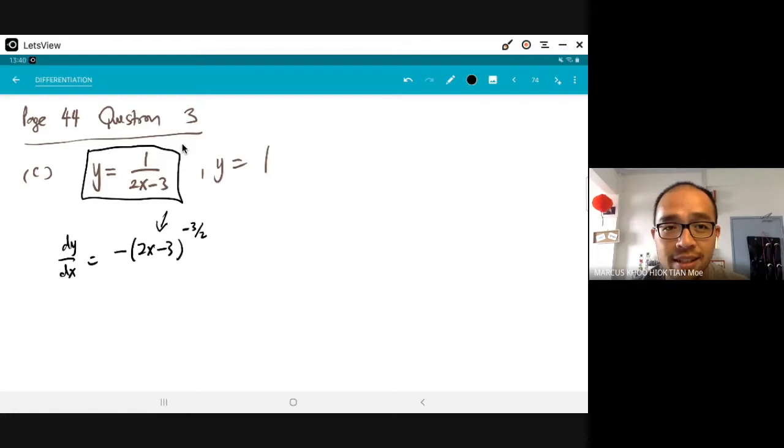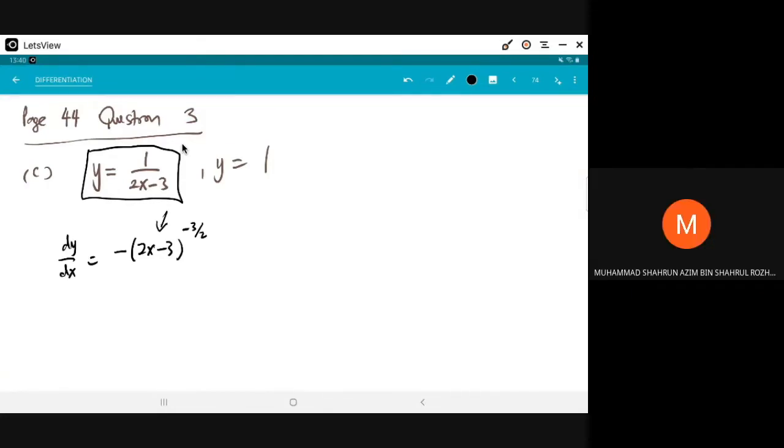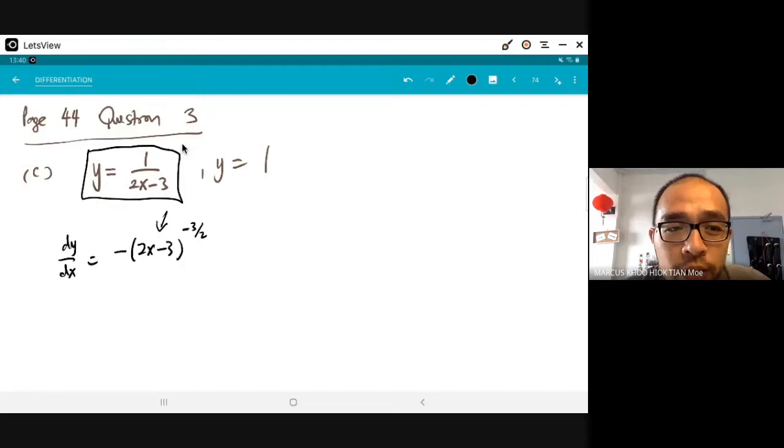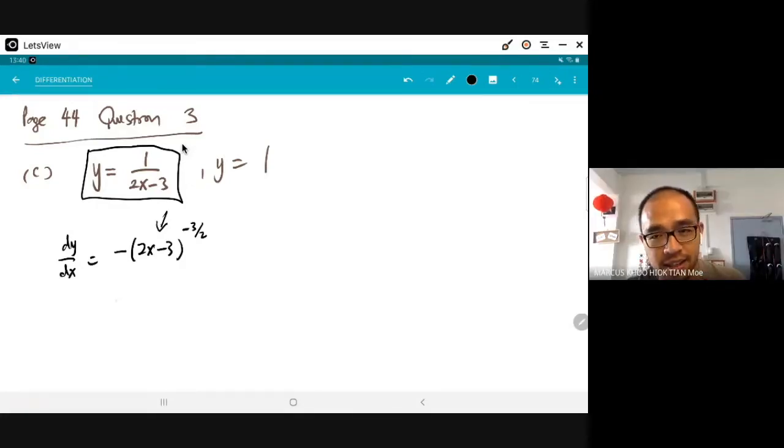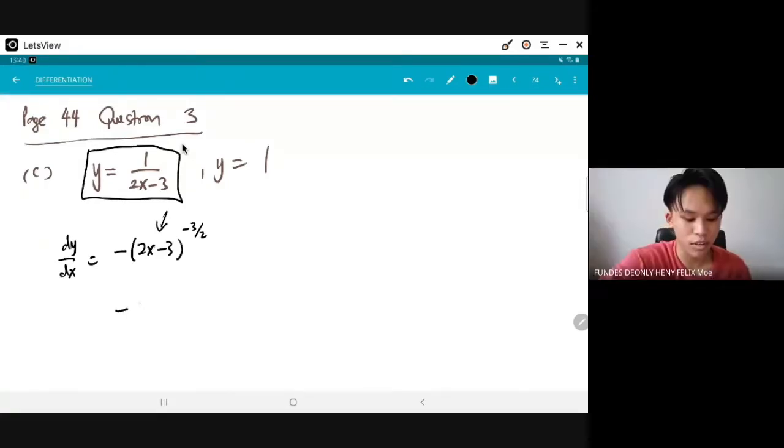Everybody agree? No. Am I the only one that seems to think that there's something wrong with this? Okay, Fandas, why don't you tell me? Negative 1 over 2x minus 3 bracket square.